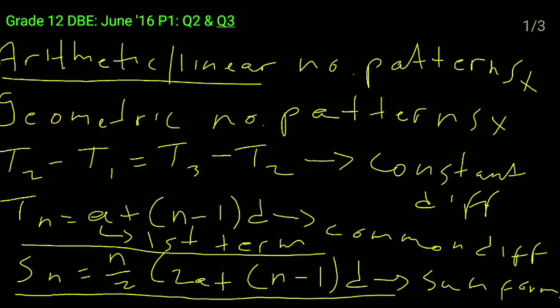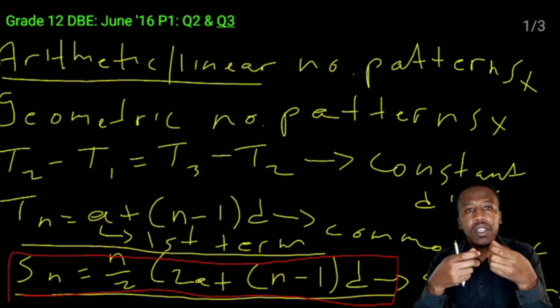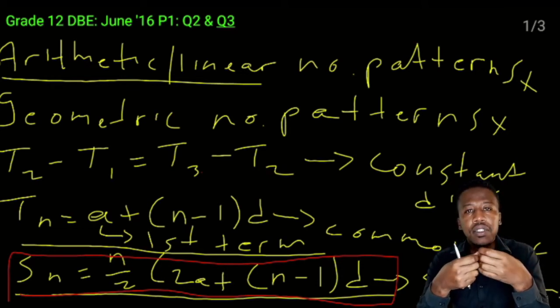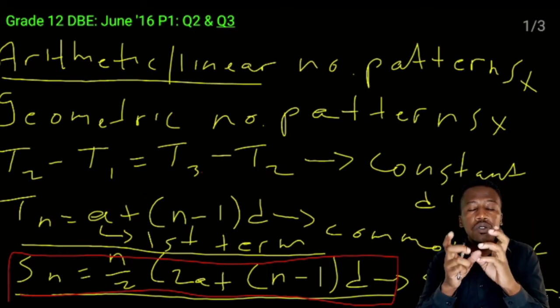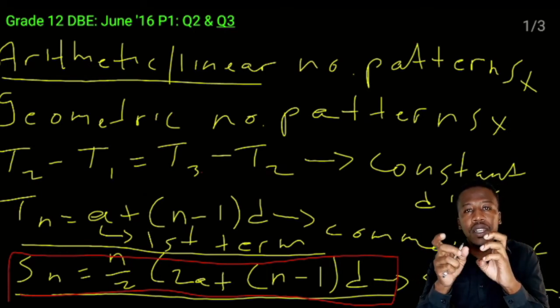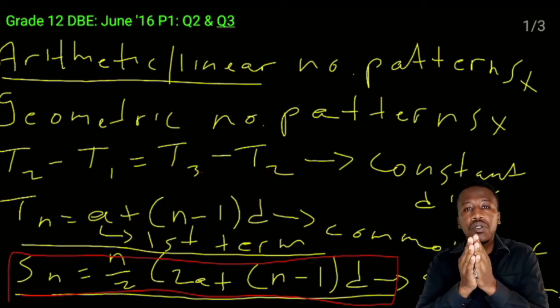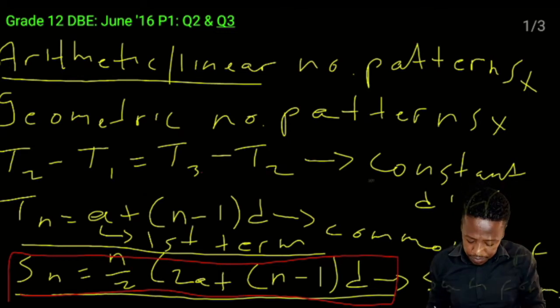Whenever there's a sum or adding or putting together or a total of anything, or they say all together, what you should understand is that in that case you should be applying your sum formula, right?